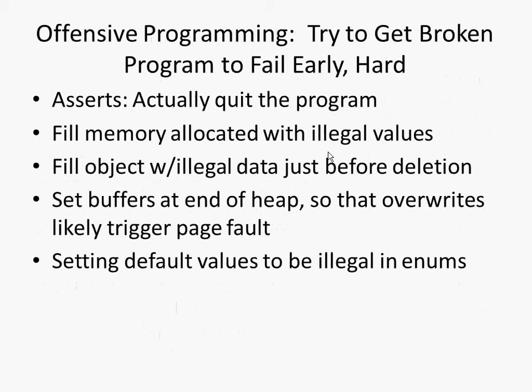So we're talking about assertions, and assertions are a type of offensive programming. The idea here, ladies and gentlemen, is if you have a program and it has errors, you want to know about them as soon as possible. You want it to fail, you want it to fail hard. When I say fail hard, I mean fail in a way that's obvious, so it alerts you. Now, ideally this is occurring during testing, or while it's on your desktop and you're doing unit testing on it, like you will for this one too.